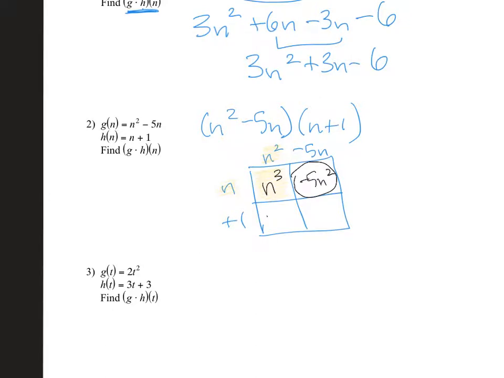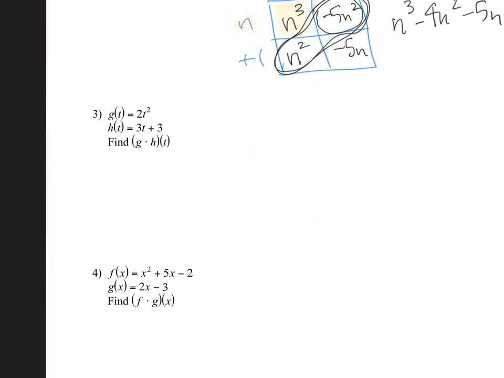Down here, again, multiplying n squared by 1, that's n squared. And this becomes negative 5n when I multiply negative 5n by 1. So then I combine my like terms, right? These two terms are like, and I get n cubed minus 4n squared minus 5n.